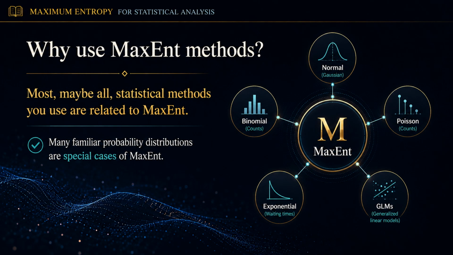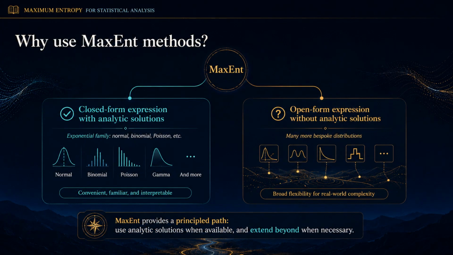So knowing that, it emphasizes the question, why use MaxEnt methods? Why learn this alternative framework if probably most or all of our current methods are employing MaxEnt principles? And the answer is the following.